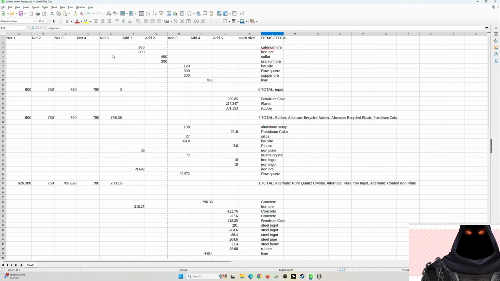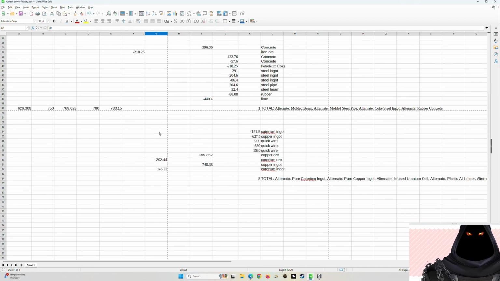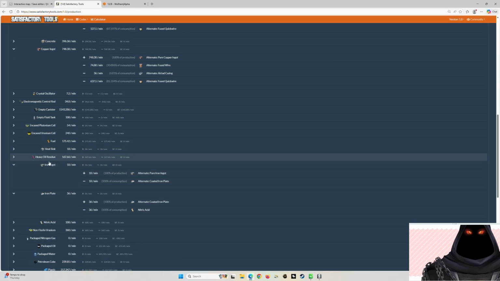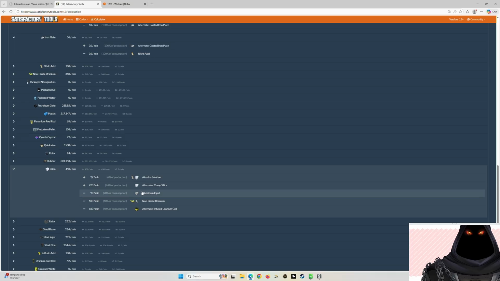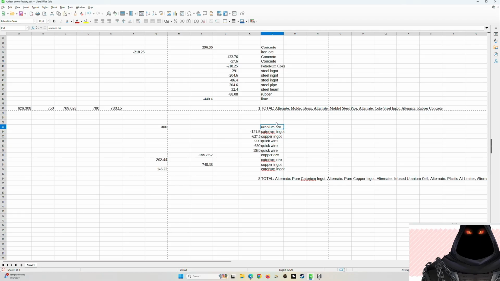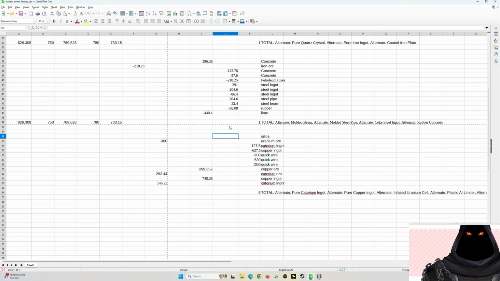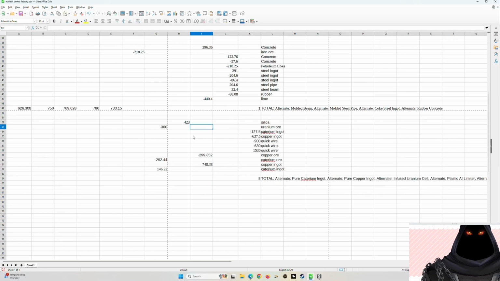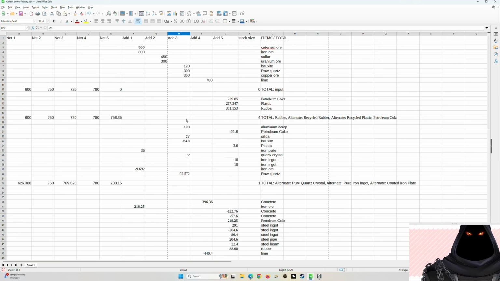Where's the AI limiter line? And then we have silica. Producing 423 silica here.